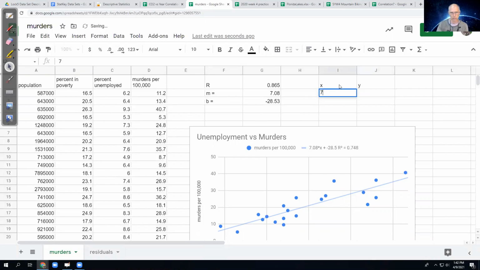So I was letting x equal 7. Y would just be equal to, I was using the rounded version, 7.08, times 7, minus 28.5. Based on the rounded numbers, I get a murder rate of about 21.06.